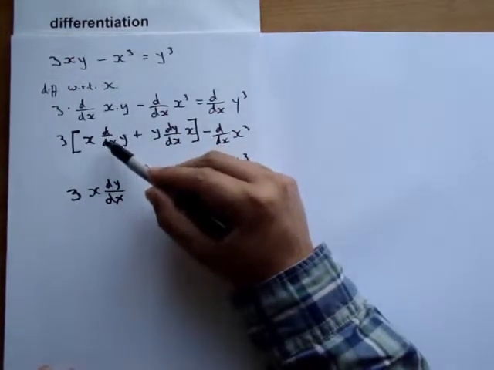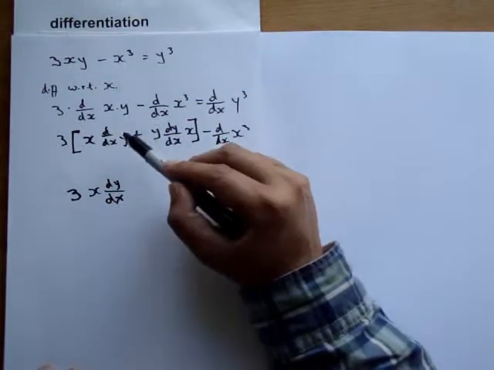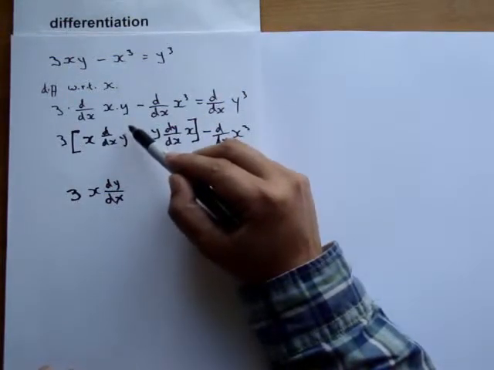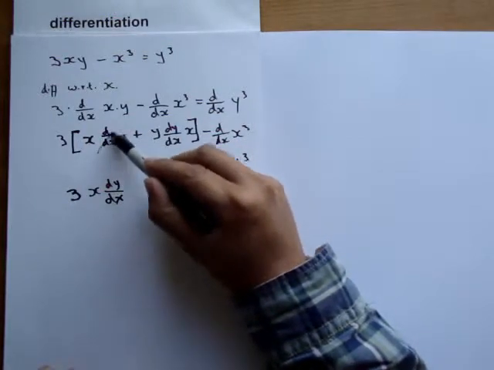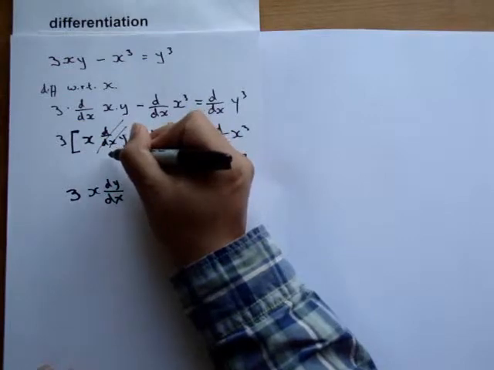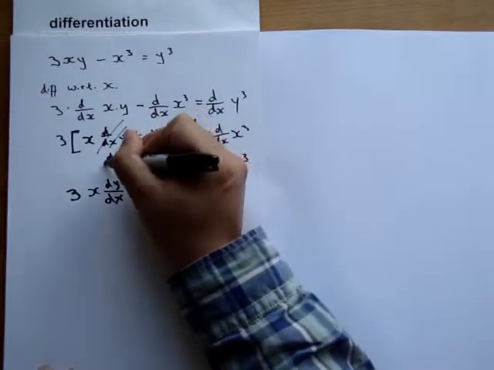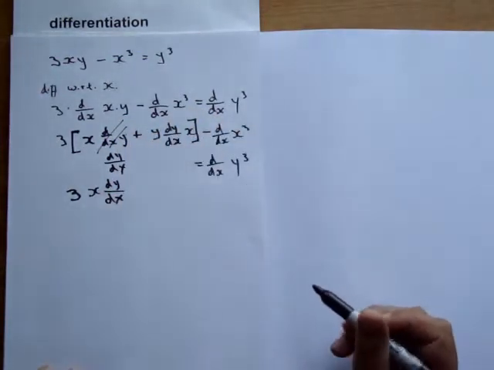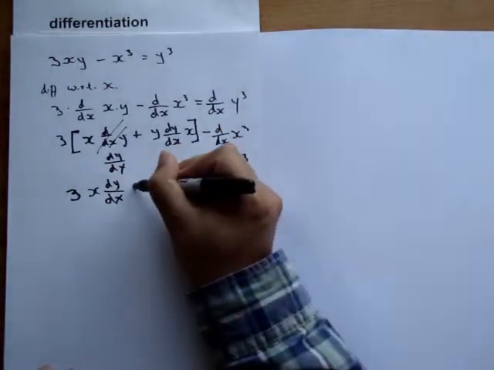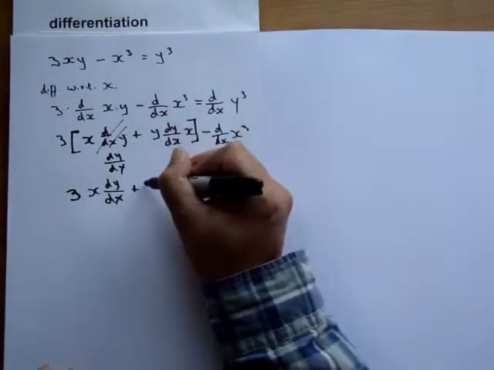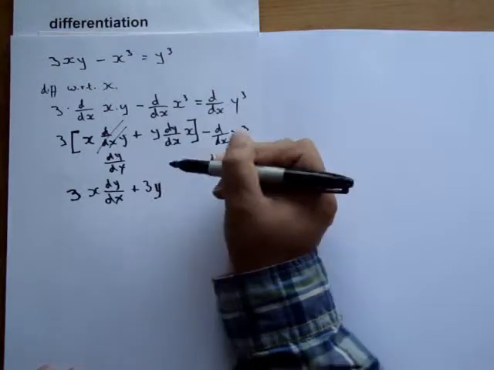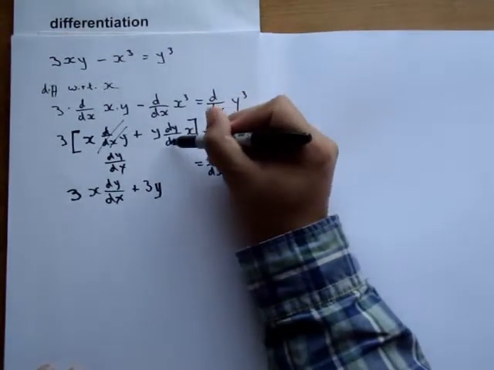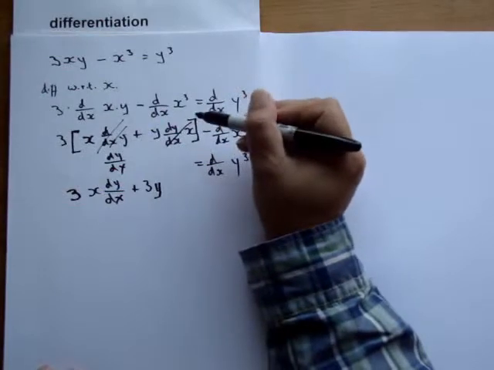Here the y becomes 1 and we're left with a dy by dx when we differentiate. So this becomes just dy by dx plus 3y. Here the x becomes 1 and this whole thing disappears.